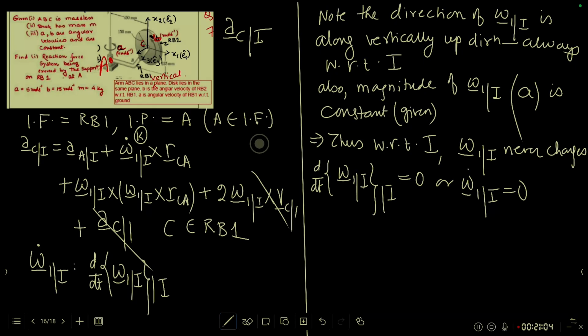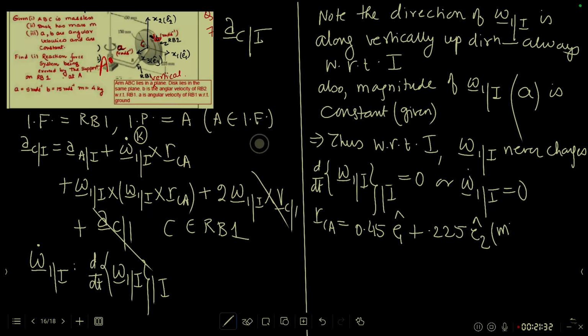Given the geometry, RCA can also be written, expressed using the numbers given. It turns out to be 0.045 times E1 at this instant plus 0.225 times E2 meters at this instant.